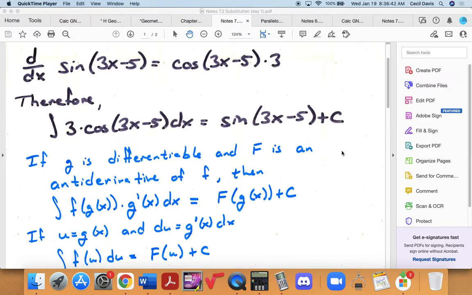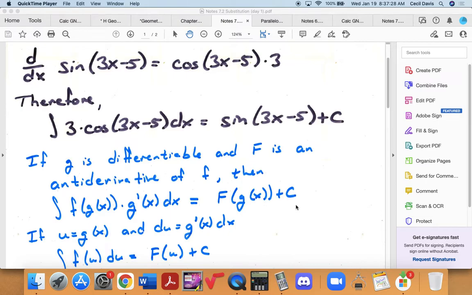Now, you have to admit that looking at this whole thing can be a little overwhelming. There's just an awful lot of stuff in it, right? So one of the things that we can do is this. If g is differentiable and capital F is an antiderivative of little f, then if you have something that looks like this, f of g of x times g prime of x, so a composite function times the derivative of the inside function, then we can just take the antiderivative of the outer function, leaving the inside function alone, plus c.